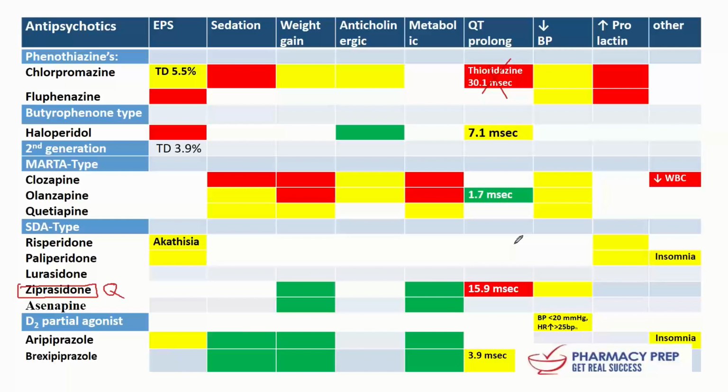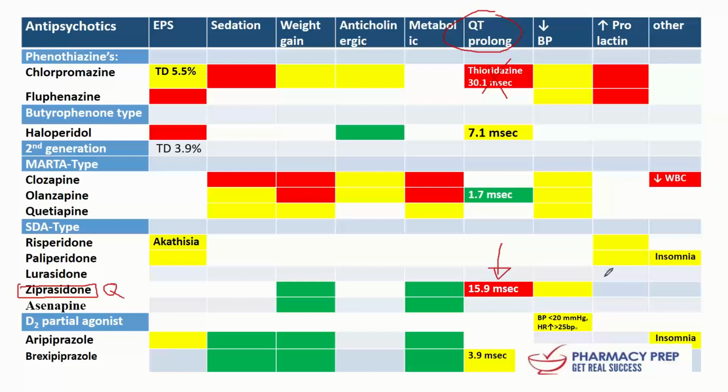And surprisingly, females have a higher risk of QT prolongation compared to men. So the risk factors are old age, female gender, and a history of congenital QT prolongation. Whenever you're adding these drugs, especially if you're choosing ziprasidone, for all those cases, it is not a good option.